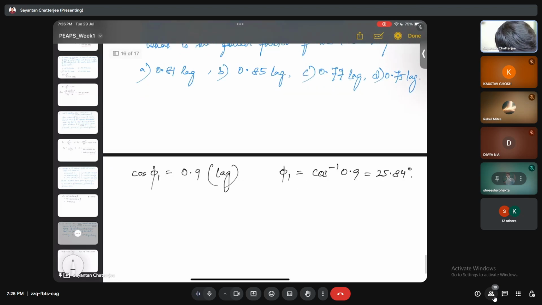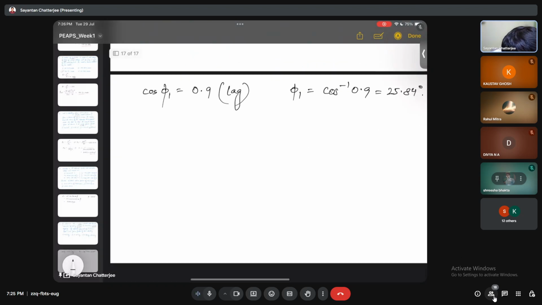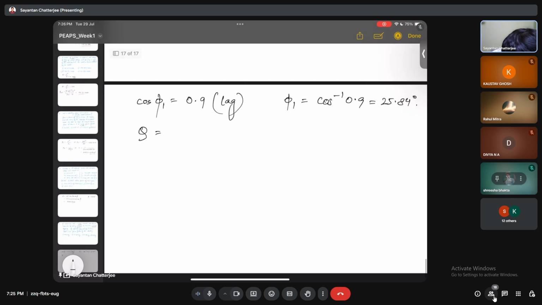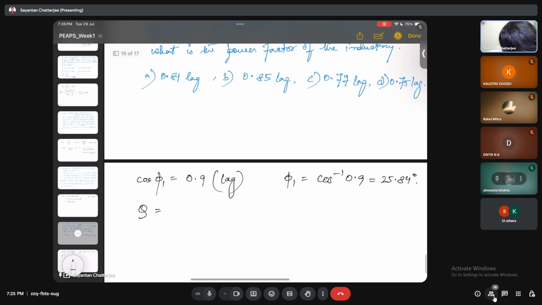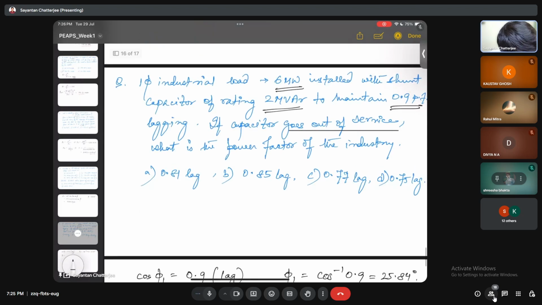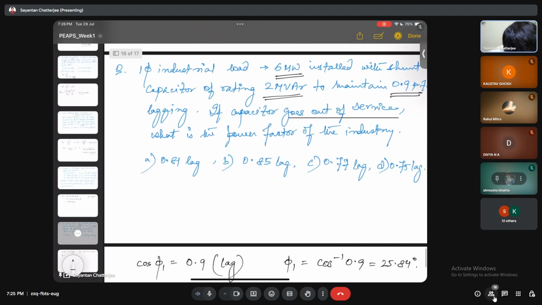Now how much is the Q value for this? What is the Q value? So P we have, right? P is 6 megawatt.